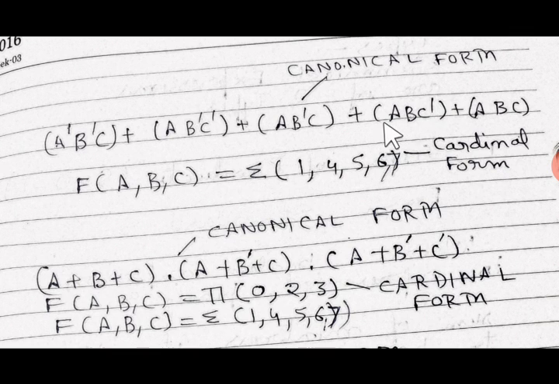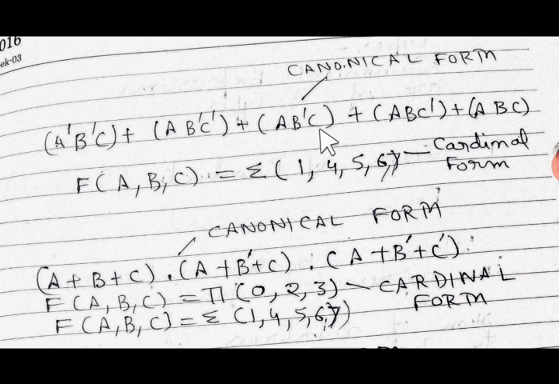Means all the minterms which I have written in the truth table have been written here and combined with the OR operator. So you can see this expression has only and only minterms. And this format is called a canonical form.